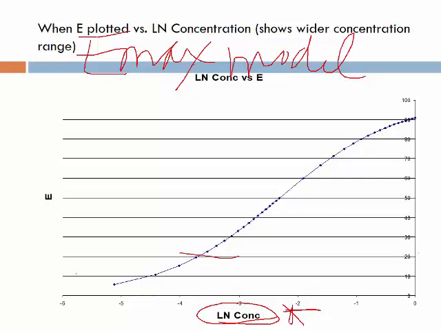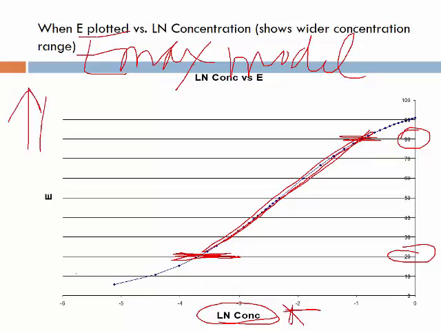Between 20%, E of 20%, and E of 80%, this is actually a straight line. So we'll see a linear increase in effect as we increase the concentration between these two concentrations.